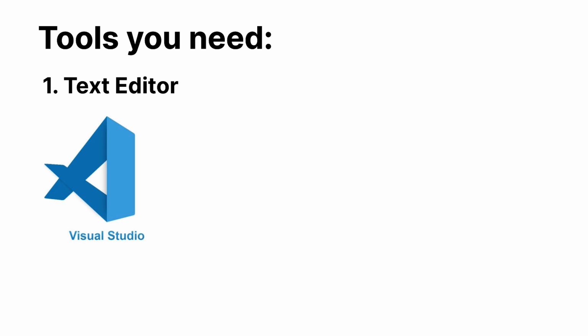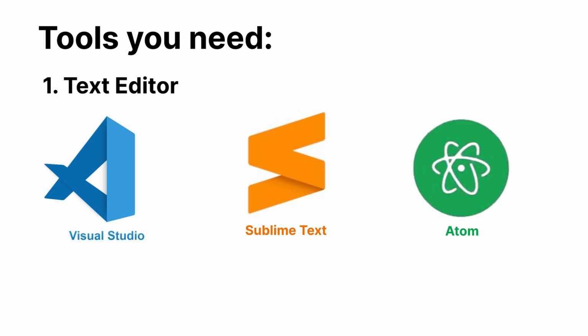It's powerful and full of extensions for HTML, CSS, and JavaScript. Sublime Text. It's lightweight, fast, and distraction-free. Atom. It's open source and highly customizable. A good editor gives you syntax highlighting, auto-completion, and quick error spotting, which makes learning HTML much easier.